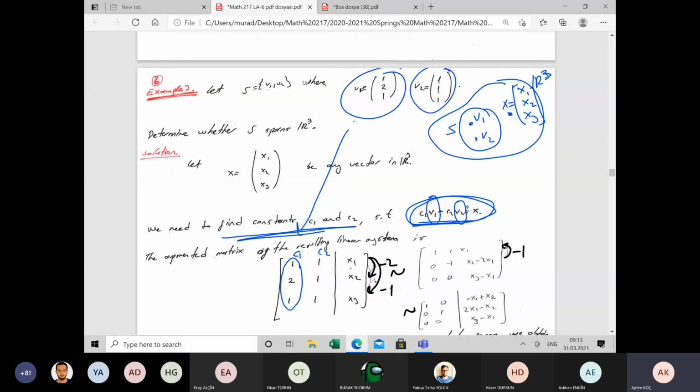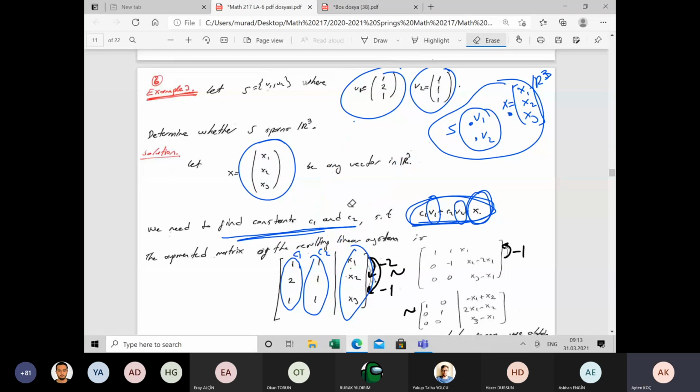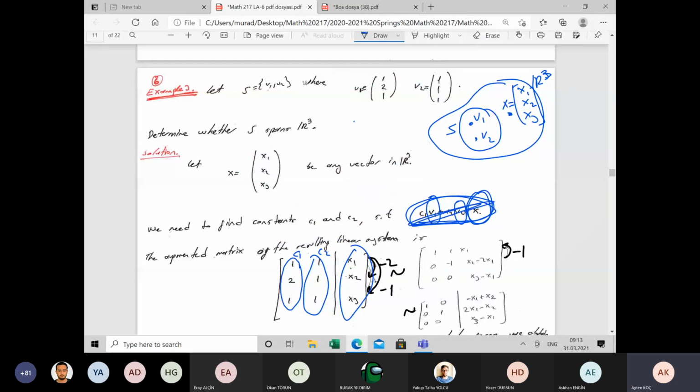So we need to solve this system. This one is a linear system, right? So our problem here is to solve this system and check whether it has a solution or not.